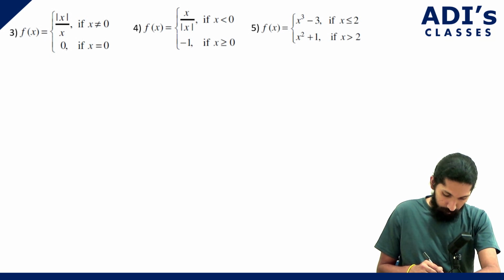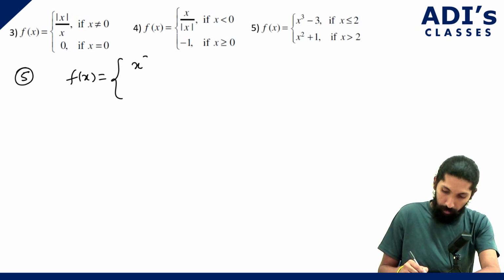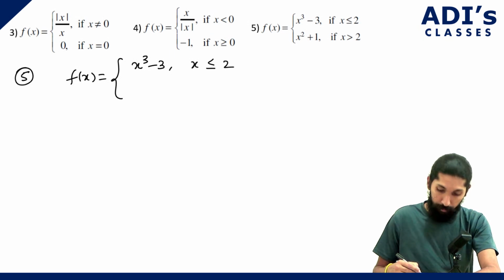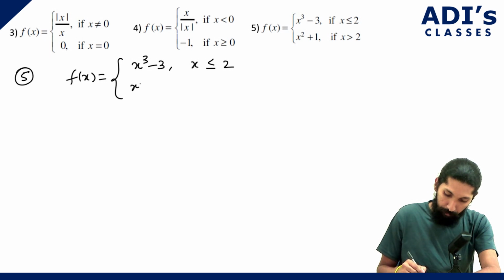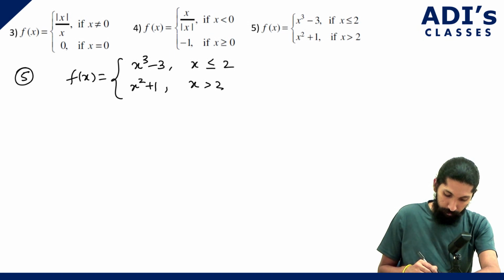See the fifth one? Now what do you have? F of x is x cube minus 3 when x is less than or equal to 2. Then x square plus 1 when x is greater than 2. Well and good. So first LHL will do limit as x tending to 2 minus f of x.